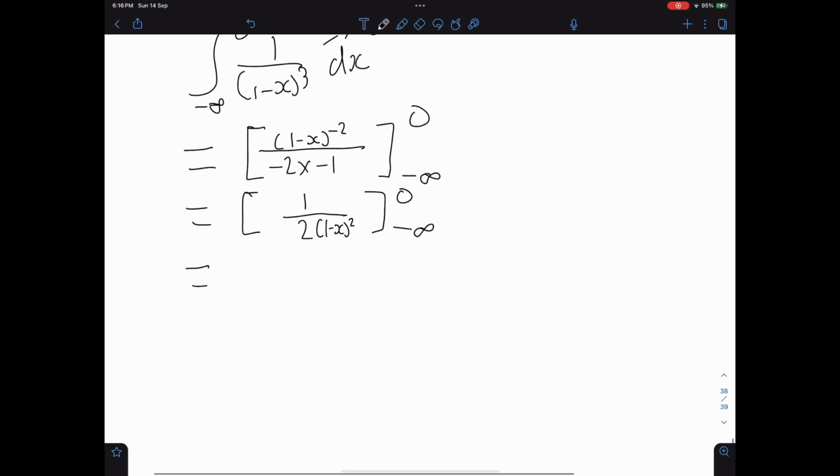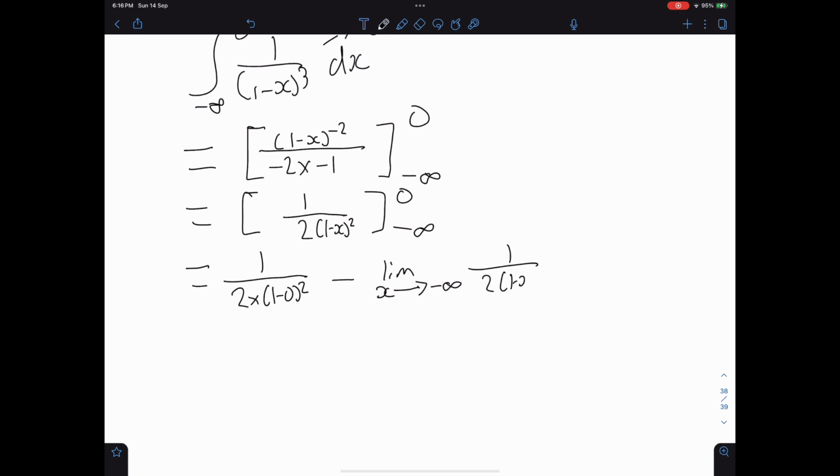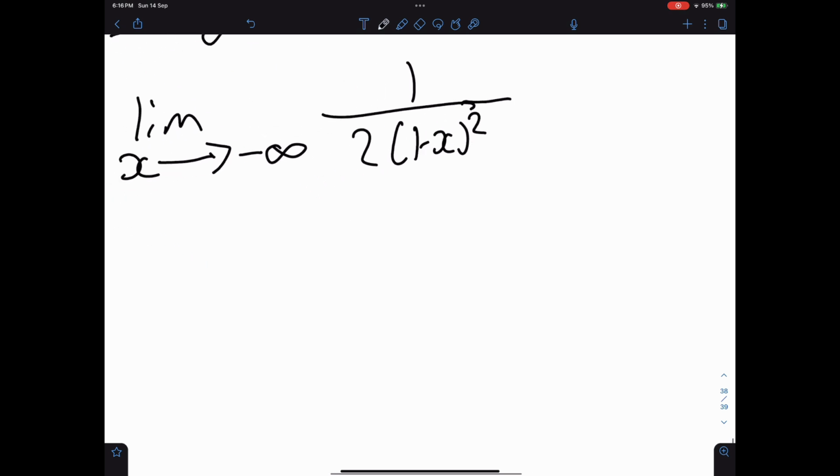Now what we can do here is substitute in our 0, that's fine, but we can't substitute in infinity because technically speaking infinity doesn't exist. So we instead take the limit as x approaches negative infinity of 1 over 1 minus x squared. And think about what happens.